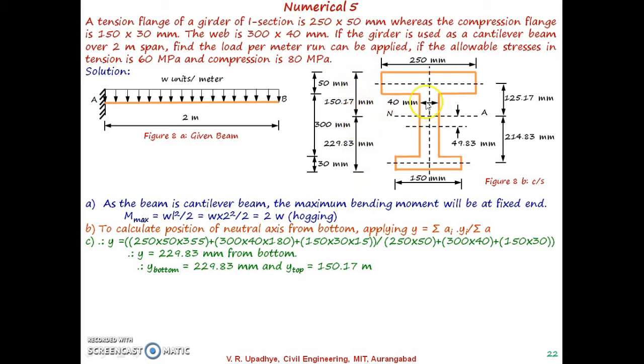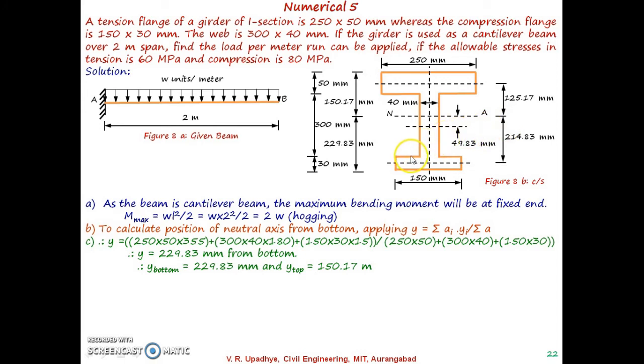And then, for finding the moment of inertia about the neutral axis, you need the distances between the centers of individual areas and the neutral axis. That is to be calculated and written in this diagram. From the top, the centroid of the top flange is 50 divided by 2, that is 25, and if you deduct that 25 from 150.17, you get the distance of the centroid of the top flange from the neutral axis as 125.17 millimeter.